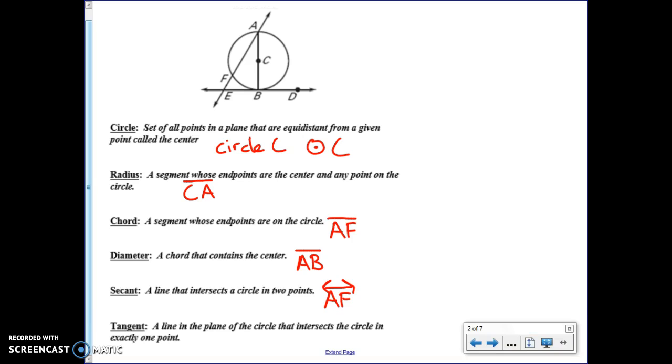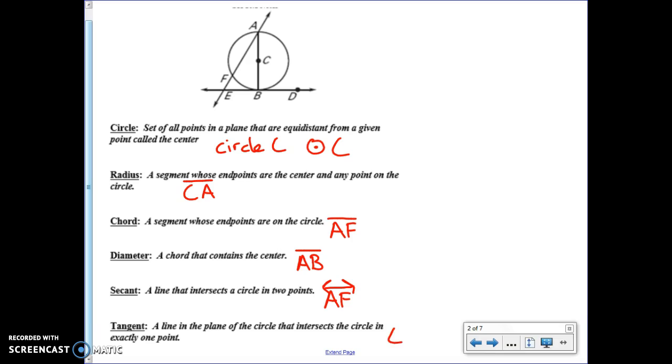A tangent is a line in the plane of the circle that intersects the circle in exactly 1 point. So I noticed that bottom line there, EBD, would be a tangent line, but we can't call that by all 3 letters, so you just pick 2 of them.